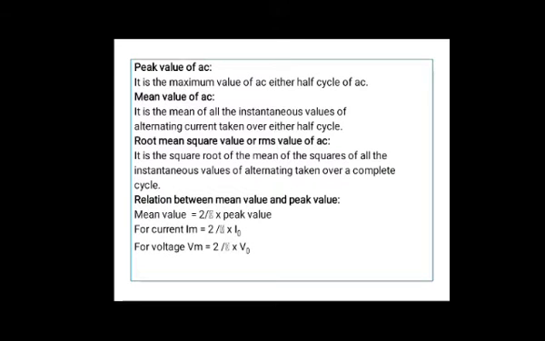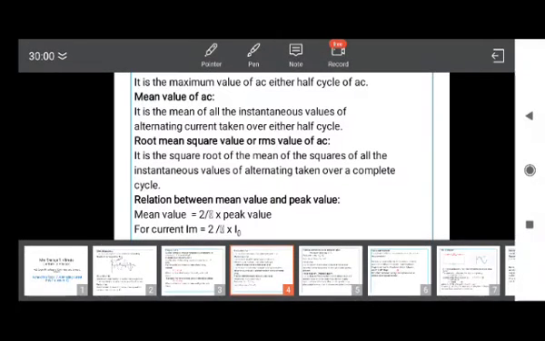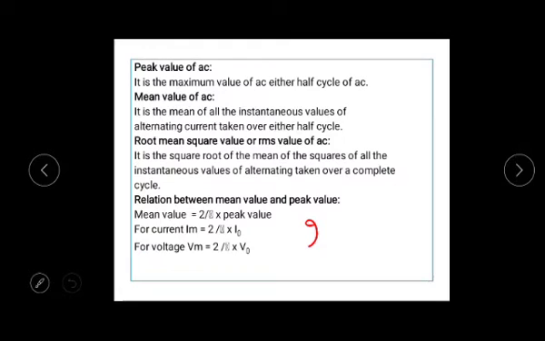You can write the relation between mean value and peak value. How to write mean value? In general, mean value is equal to 2 divided by π into peak value. Here π is not typed properly, or maybe it is not displaying. 2 divided by π into peak value.